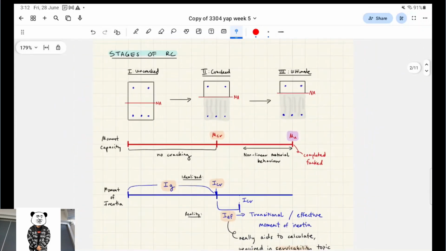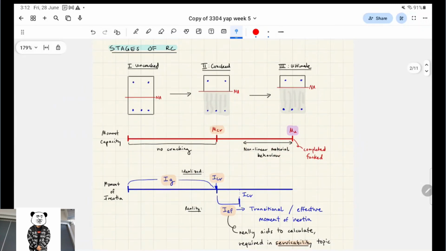So this is kind of a recap of last time. Last week I covered mostly uncracked and cracked reinforced concrete. Now we're going to be focusing on the ultimate stage, right? In particular, in purple here I've highlighted where the concrete is failing badly. You're going to have all sorts of things happening: the tensile side of the neutral axis is going to be completely gone for the concrete material, and the concrete material is going to be behaving non-linearly, right?